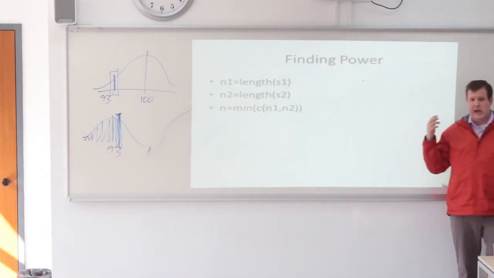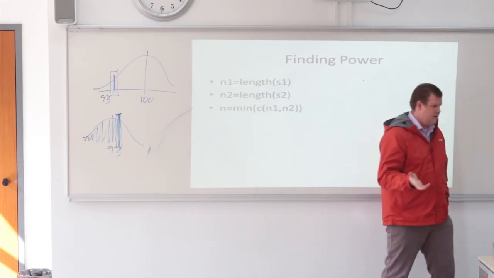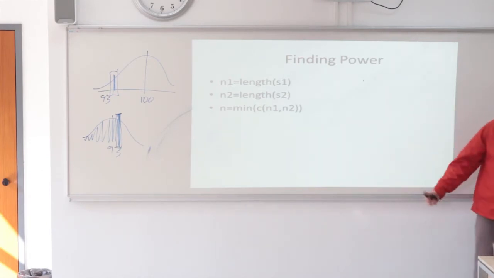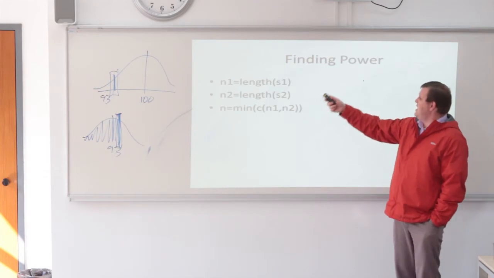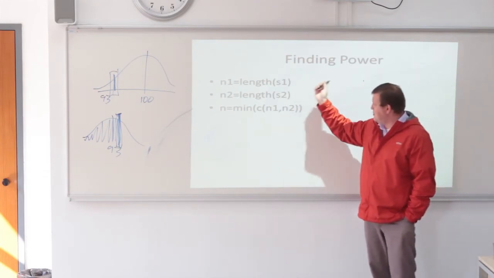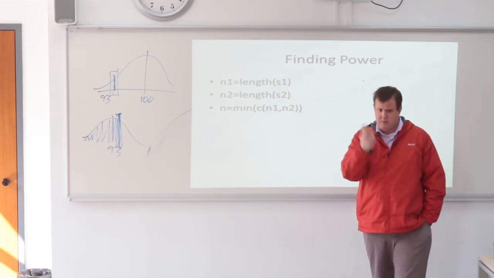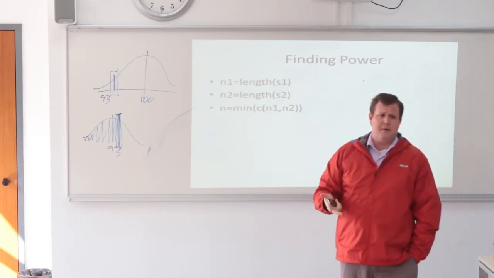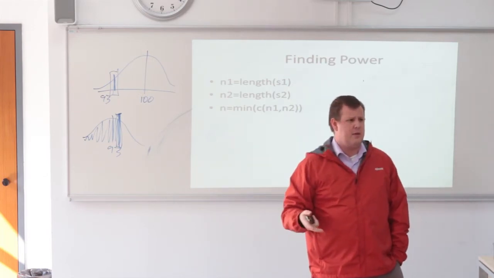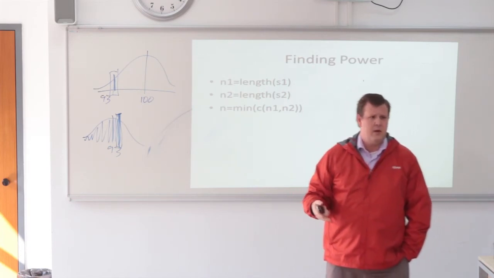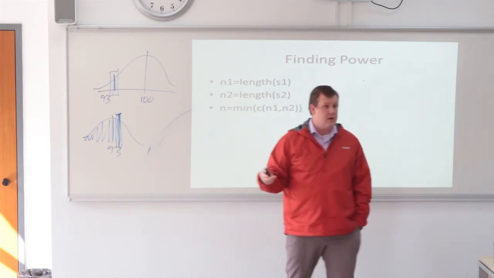Okay, let's find the power. Now, before we said that we had to specify n. Here I've said n1 equals length of S1, and n2 equals length of S2. For the homework example, these were exactly the same, which is why you were able to do a paired t-test.